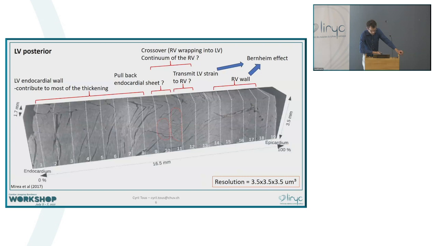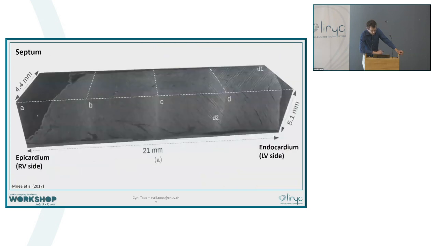This is quite a contrast compared to the septum, where you have a lot of cleavage planes and sheetlets, so a lot of perfusion as well. If you look at the epicardium, it looks like the RV structure, with very small cleavage planes, so not much perfusion, and really compact fibers.